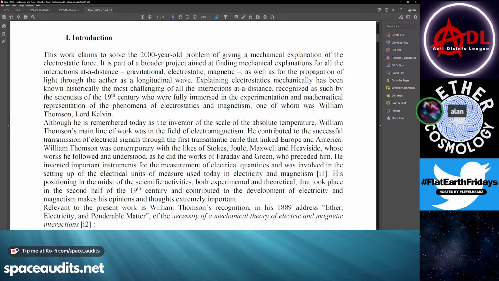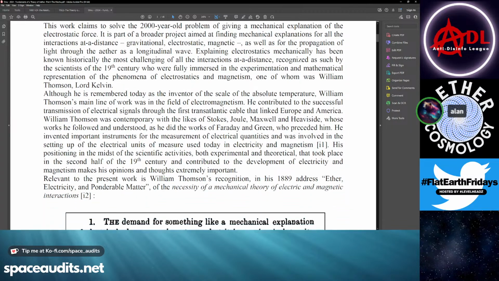Explaining electrostatics mechanically has historically been known as the most challenging of all interactions at a distance. Recognized as such by the scientists of the 19th century, who were fully immersed in the experimentation and mathematical representation of the phenomenon of electrostatics and magnetism, one of whom was William Thomson, aka Lord Kelvin. Shout out to your boy.